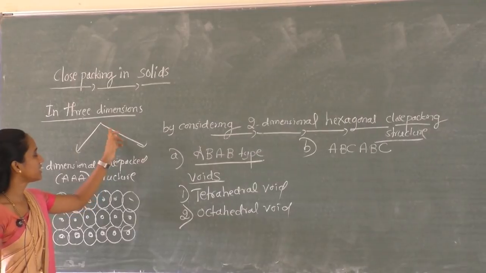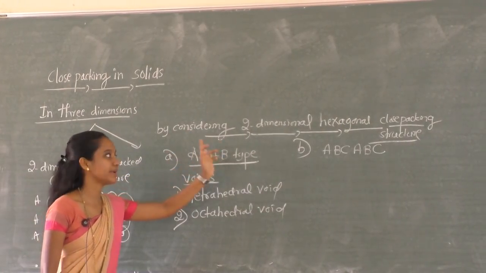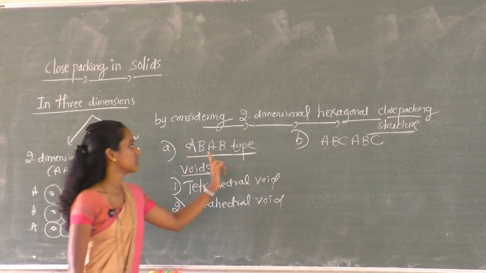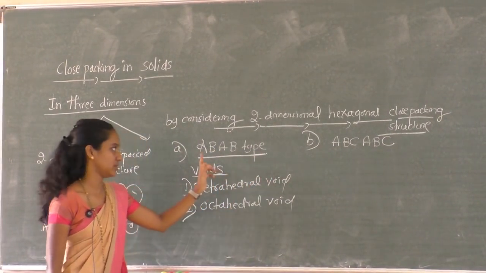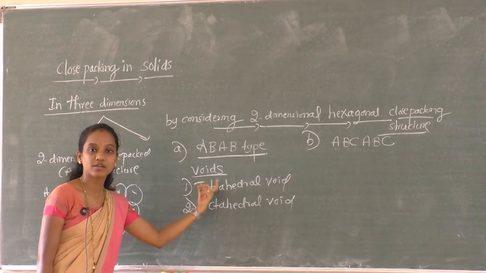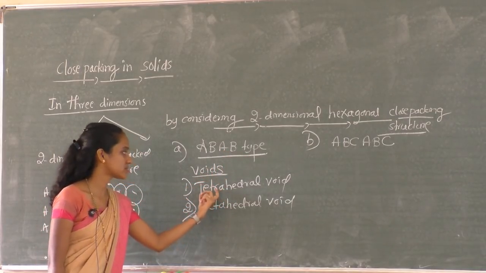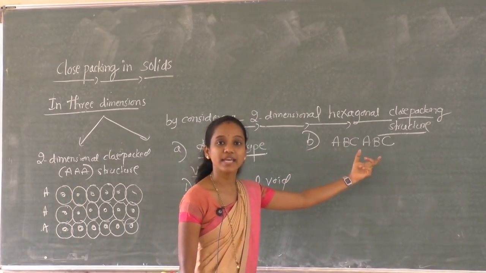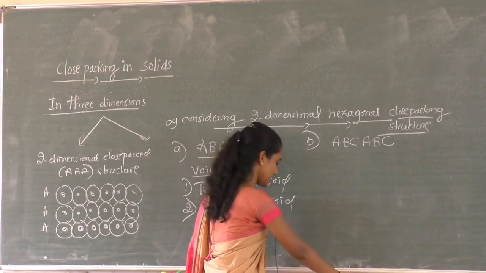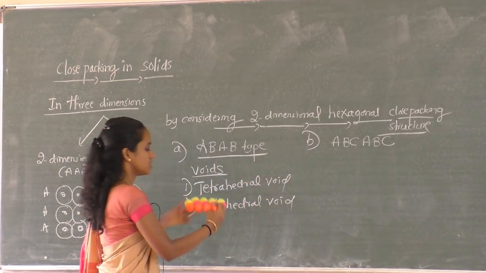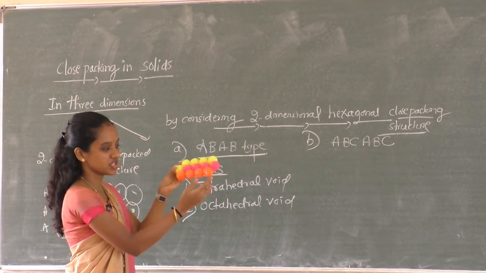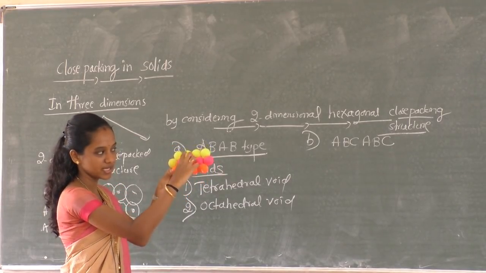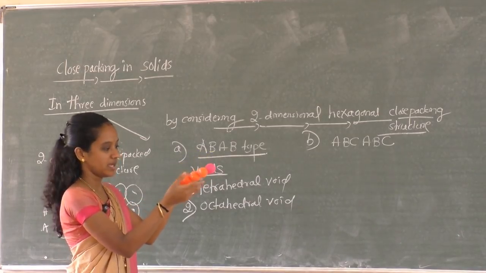So we have in 3 dimensions the second type by considering 2-dimensional hexagonal close packing structure. We have 2 types here. One is AB type, where you have seen the 2 types of voids, tetrahedral void and octahedral void. The second type is ABC type. So what is this ABC type? See, so this is a 2-dimensional hexagonal close packed structure, clear, A type.